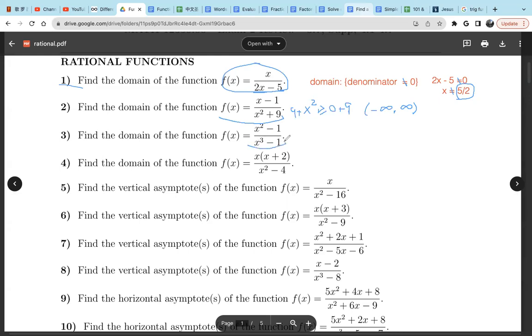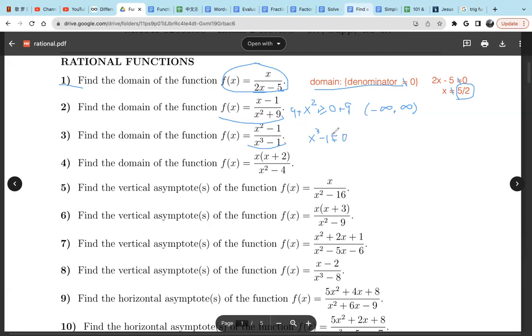Now let's see this one. So this is x cubed. So we write down first, we follow this: denominator not equal to 0. So that means x cubed minus 1 cannot be 0. Not equal to 0.